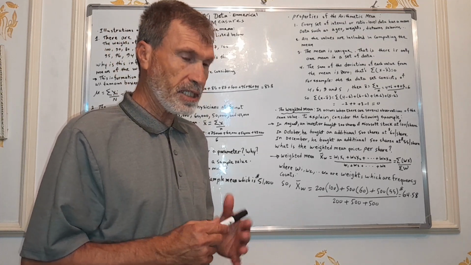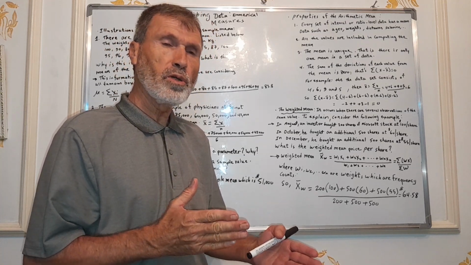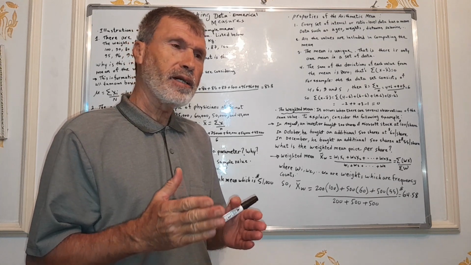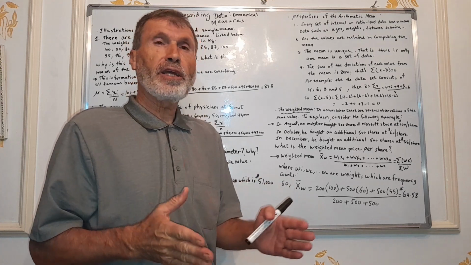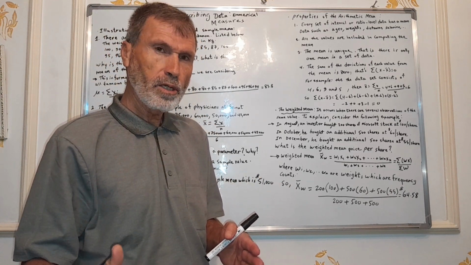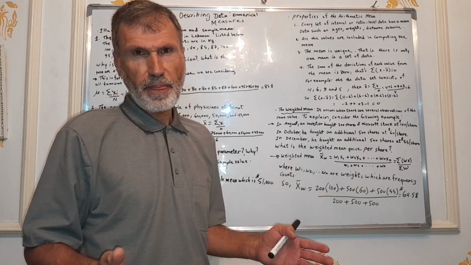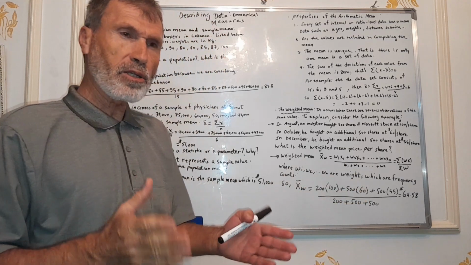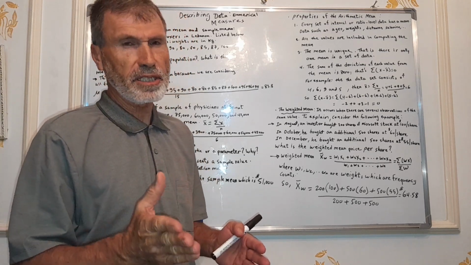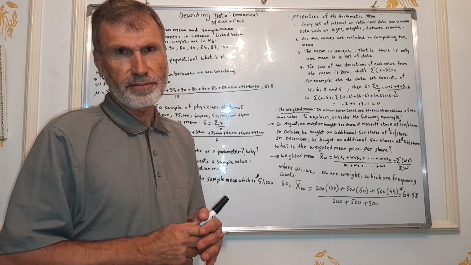If one or two values are either extremely large or extremely low compared to the rest of the data, then the mean you calculate will give you an average that is not at all representative of the data.